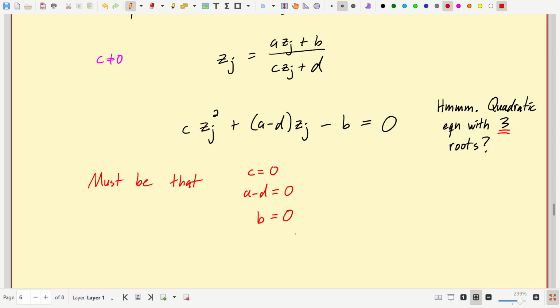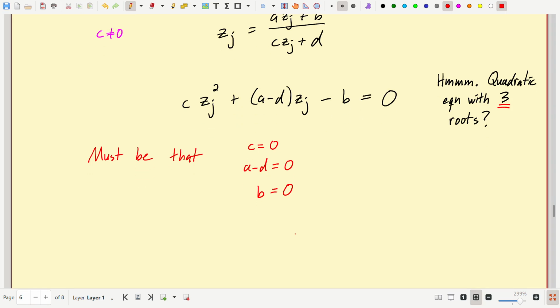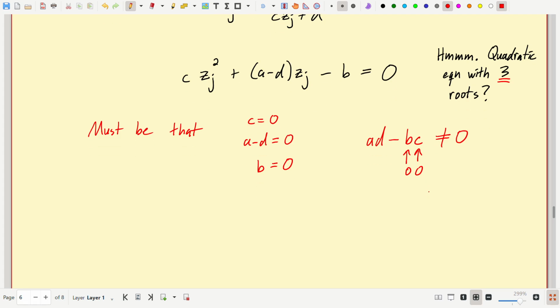Okay, so C is equal to 0, and so the determinant AD minus BC is unequal to 0. And here I have B and C are both 0. So A times D is unequal to 0. That means neither one of them is 0.